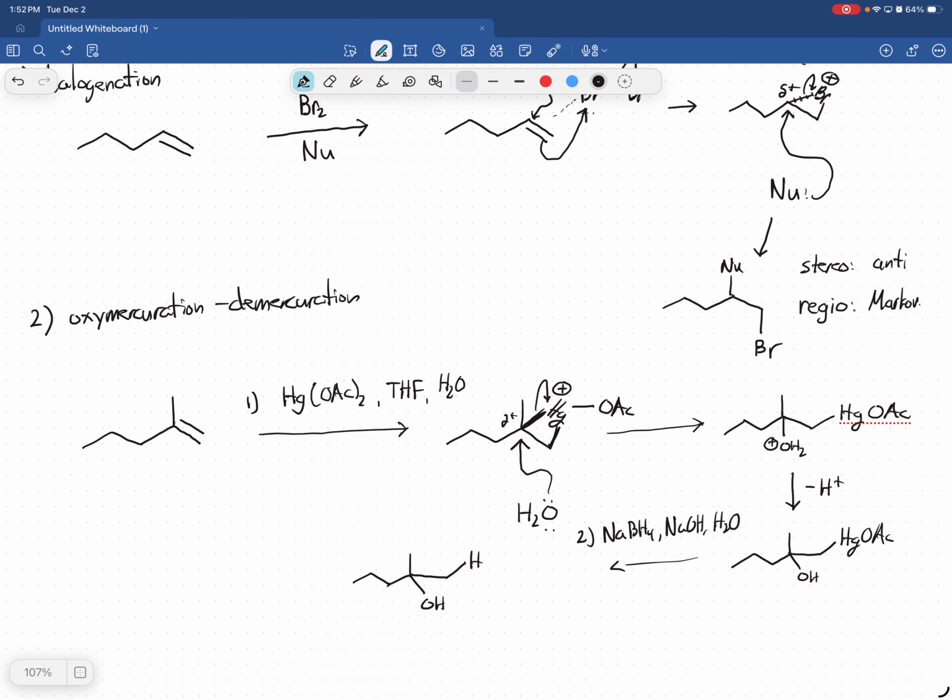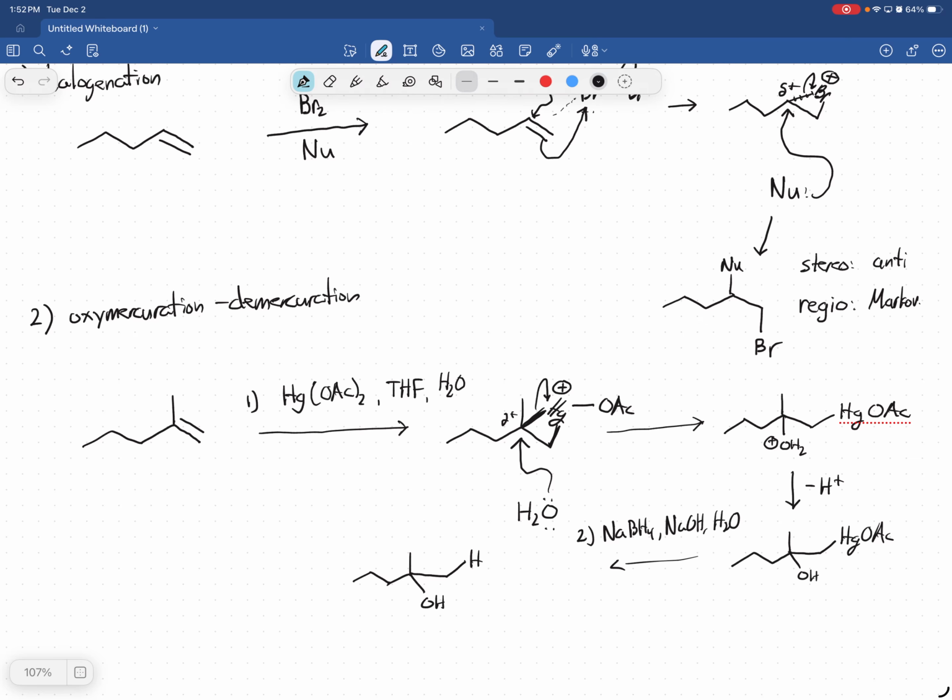But again, we can kind of abbreviate here. Stereochemistry is anti. And then what's the regiochemistry? Markovnikov. Okay, good.